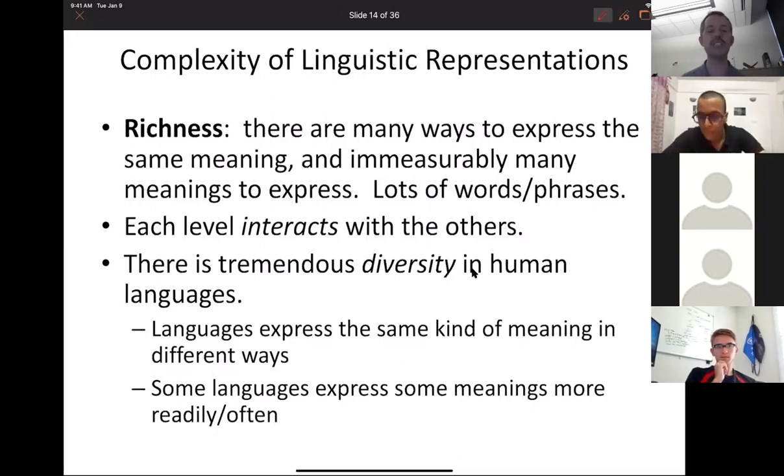And some languages like to talk about some meanings more than others, or are much better suited for talking about some kinds of meanings. So there are certain grammatical categories that are hard to express in English that are easier to express in some other languages, and vice versa.